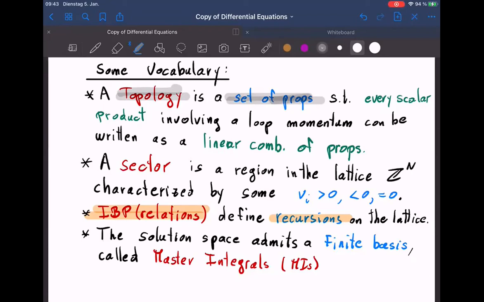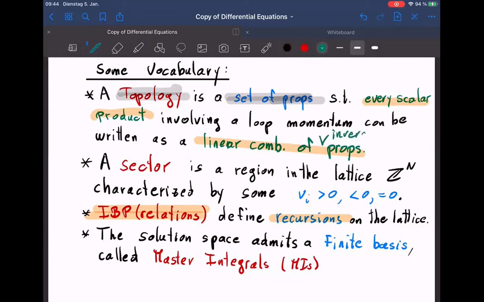The family is defined by the values of the nus, of the exponents. So two integrals belong to the same family if they correspond to different values of the nus, but the same set of propagators. But I also require something more. I require that every scalar product between loop momenta, or loop momentum and external momentum, I can write as a linear combination of inverse propagators.